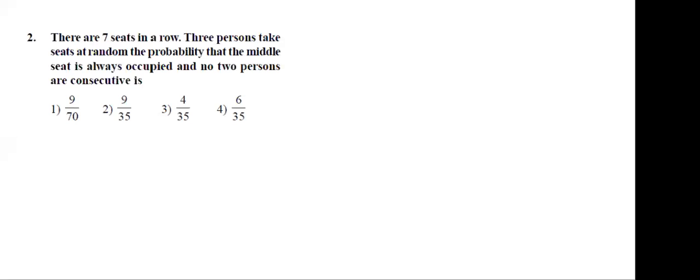Read the question carefully. There are 7 seats in a row, 1, 2, 3, 4, 5, 6, 7, and 3 persons take a seat at random. How many persons are there?